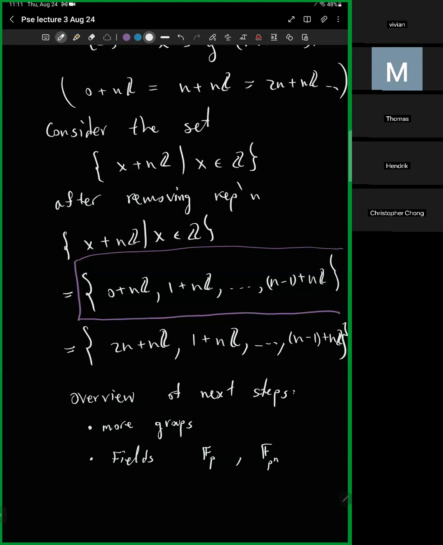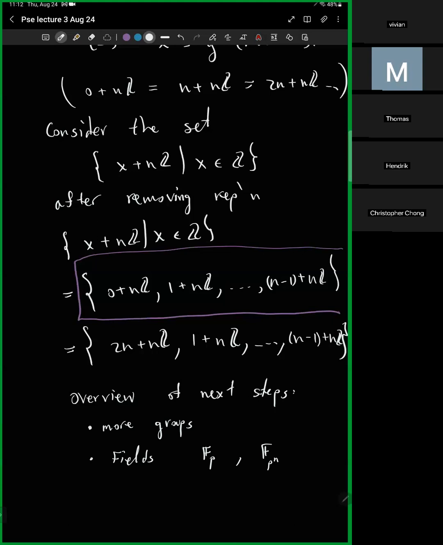To classify all finite fields requires quite a lot of work. You need to look at polynomials over fields, and then you have a theory of classifying all the finite fields.